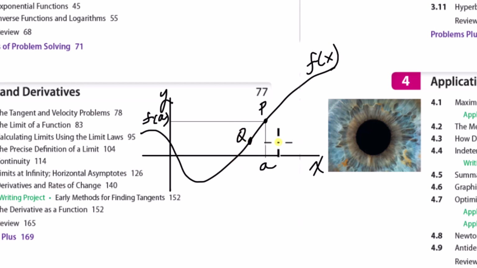Now, the location of Q is variable. It can be anywhere, but the difference quotient is just the change in output between point P and point Q divided by the corresponding change in input between point P and point Q.